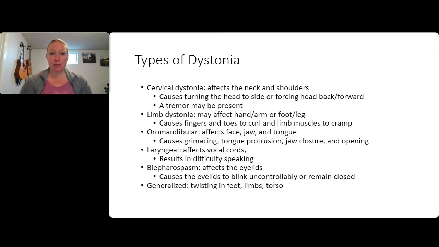What I'd like to do today is focus on two main types of dystonia, which I would say I see most often. So that is going to be cervical dystonia, where it affects the neck and shoulders. And it can cause a turning, or often we see sort of a head positioning to one side, a little rotated.